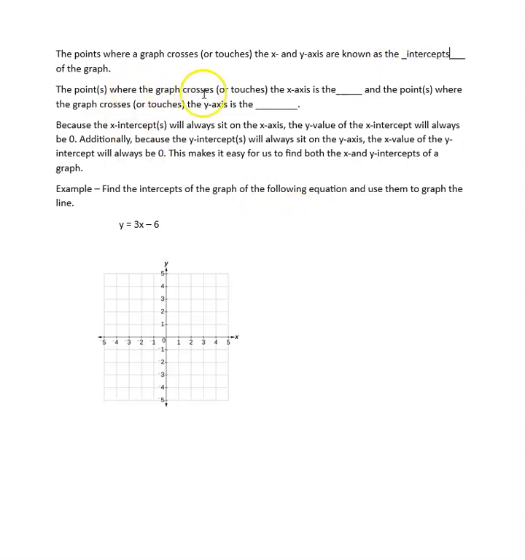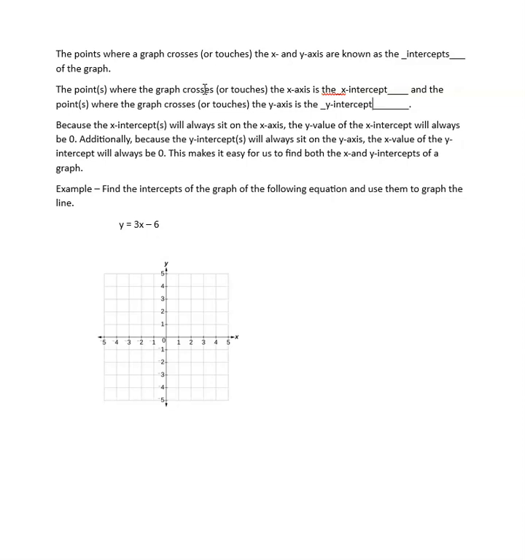The point where the graph crosses or touches the x-axis is the x-intercept. And the point or points where the graph crosses or touches the y-axis is the y-intercept. Now, you'll notice that I refer to crosses or touches because with linear equations, if they have an x or y intercept, then the graph is going to cross at that intercept.